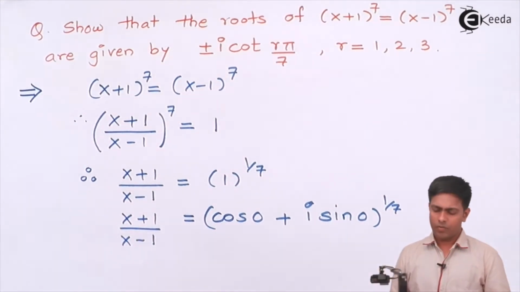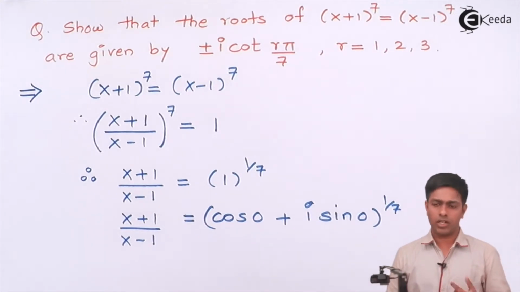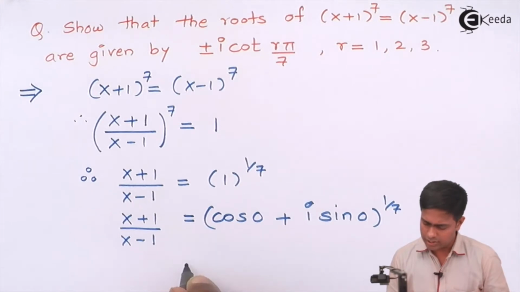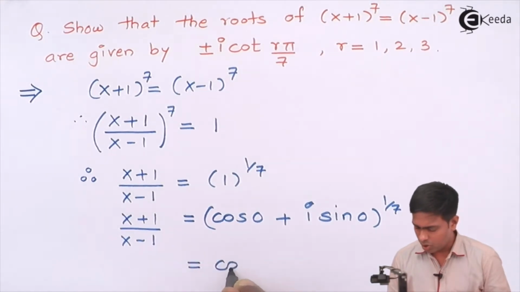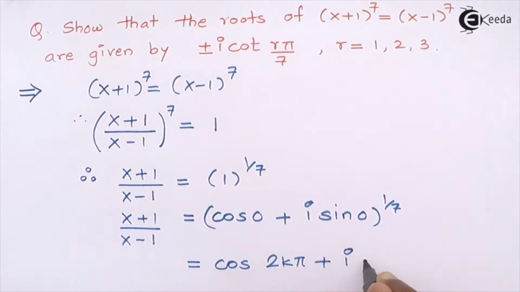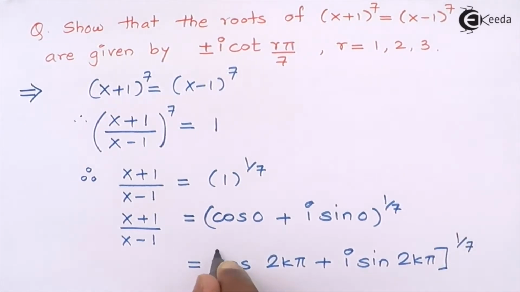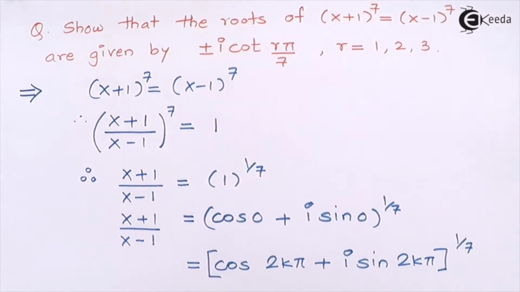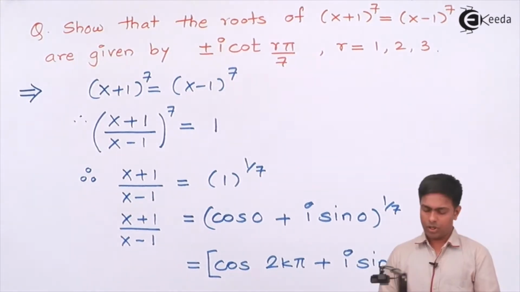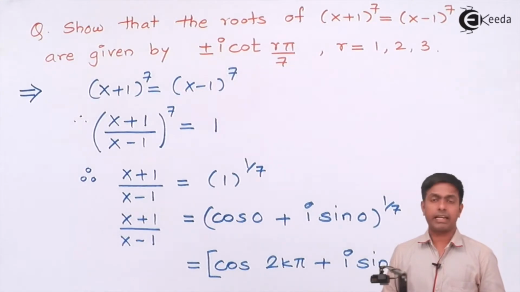Next, we will convert this polar form into general polar form, and for that we will add 2k pi in theta. So this will become (cos 2k pi plus i sin 2k pi) raised to 1 upon 7. And now guys, we will apply de Moivre's theorem to this right hand side.